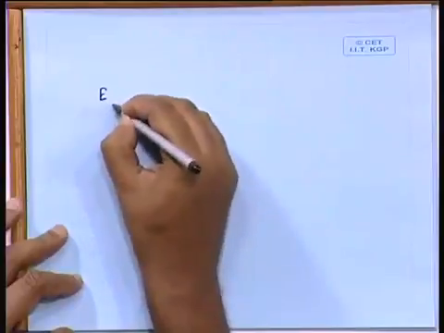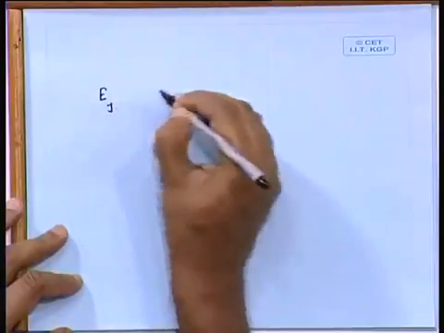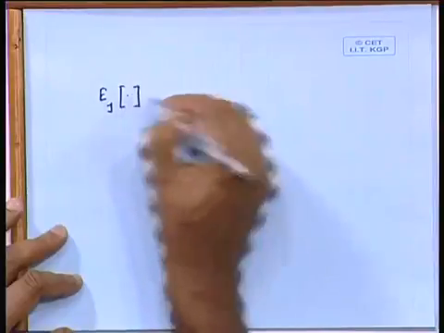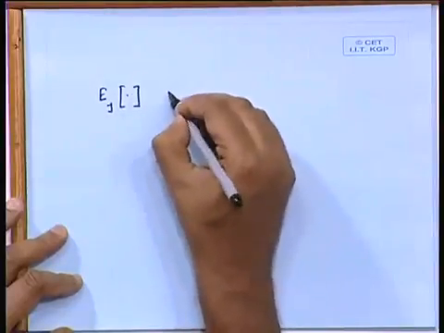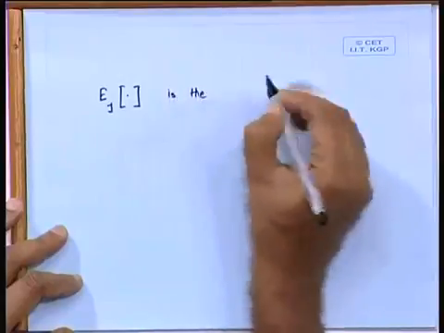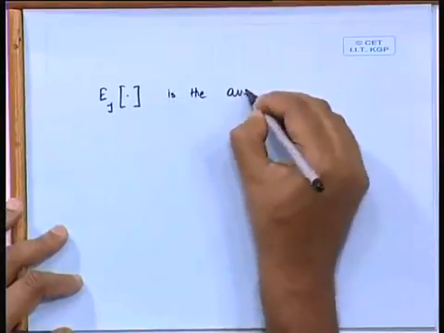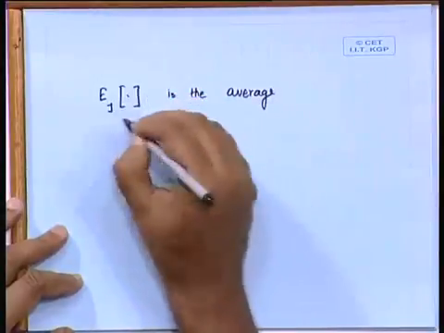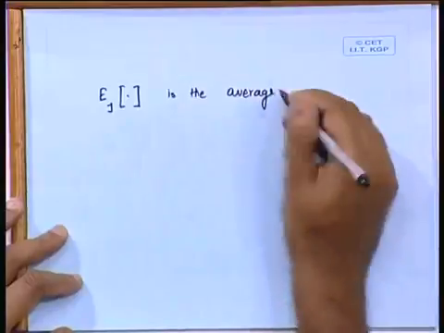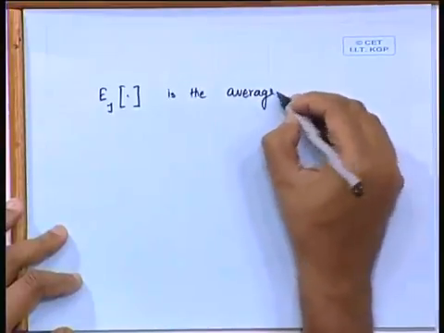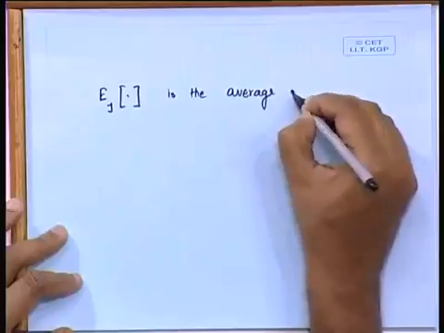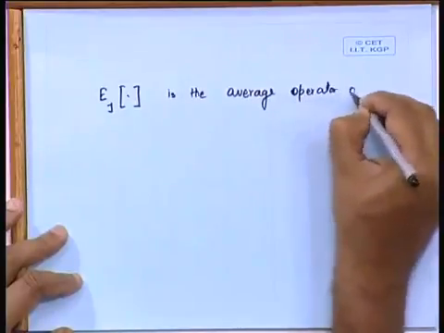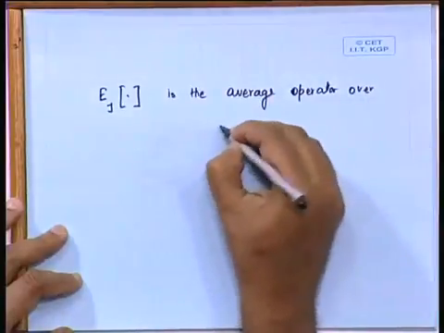Before we do that, there are some things which we have to define. Let us say that E suffix T, when we write it like this, we are defining as the average operator over the entire training sample. So when I write E T with something within brackets, this is nothing but the average operator over the entire training samples.